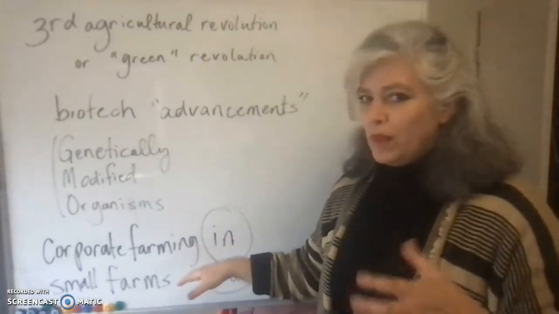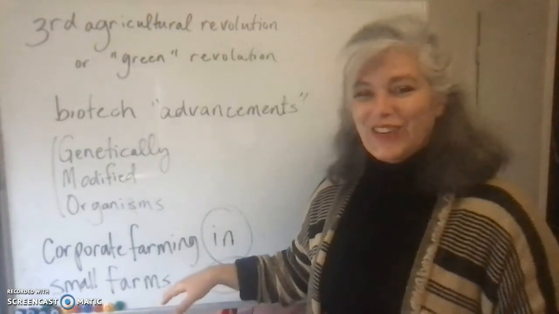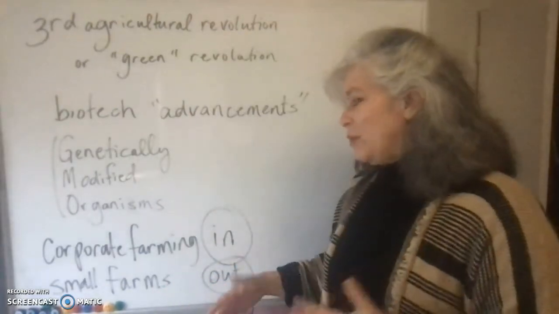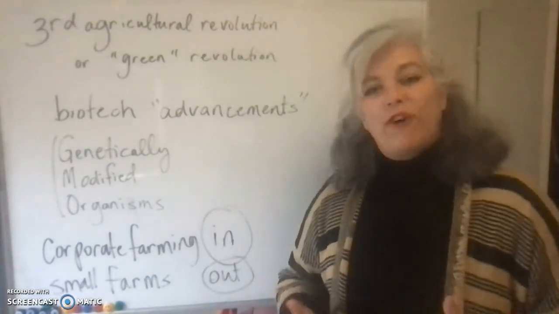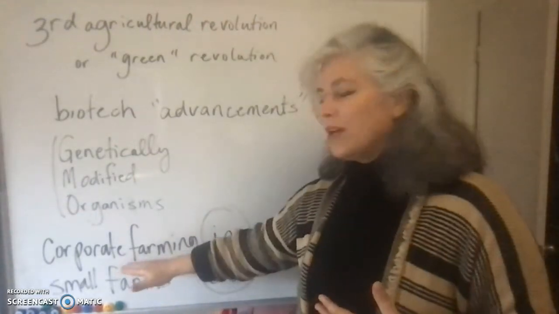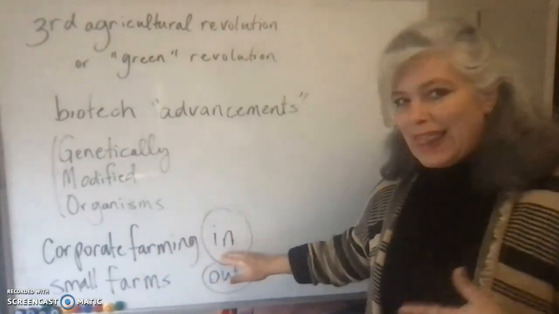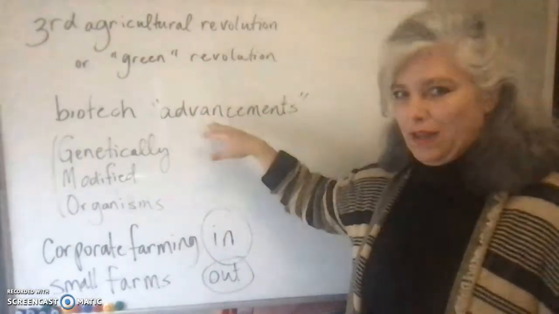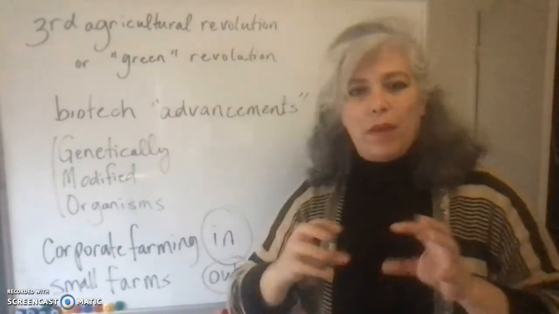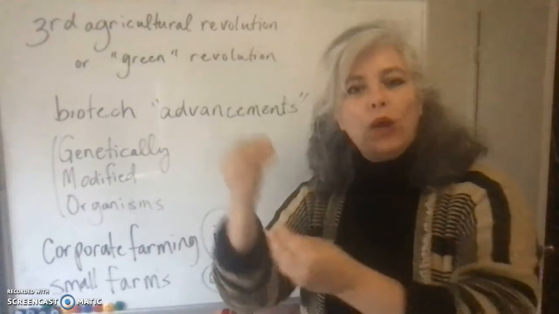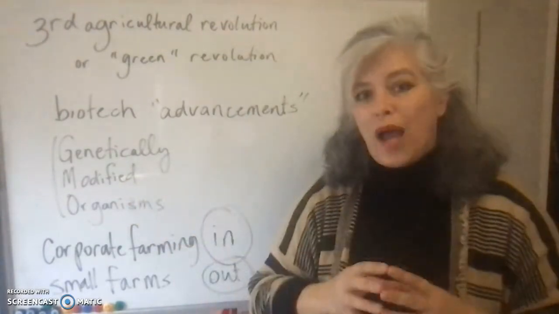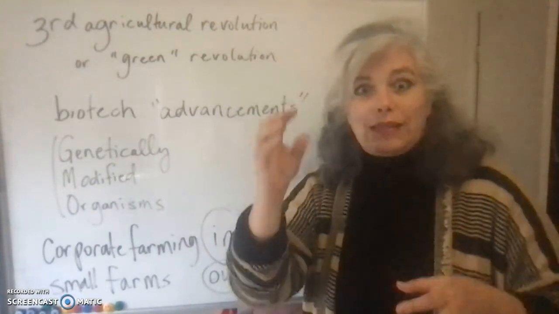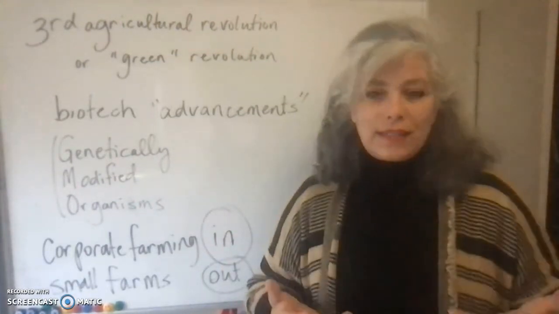Also, another beef, I guess you could say, since we're talking about agriculture. Another point of contention that some folks have is that corporate farming was really the in thing. When we are talking about biotech advancements, these things can be patented so that only this company or that company has the right to use that seed or that pesticide or that seed-pesticide combination, these kinds of things.